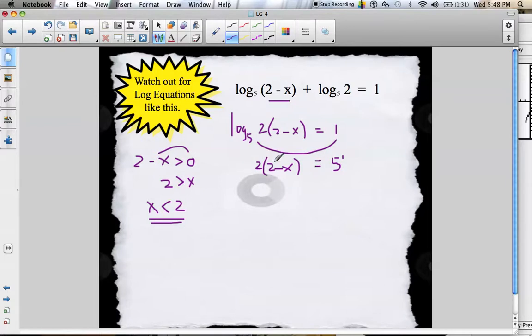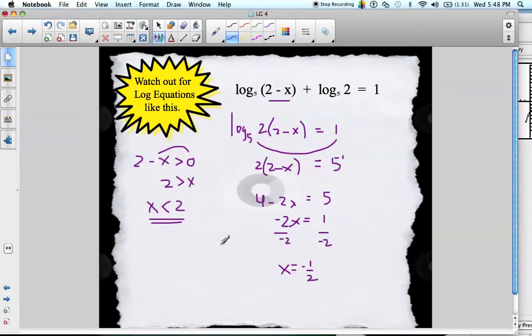Okay, now rainbow in, so we get 4 minus 2x equals 5, and move that over, so subtract a 4, so it's minus 2x equals 1, divide by negative 2, divide by negative 2, and so x equals negative 1/2.